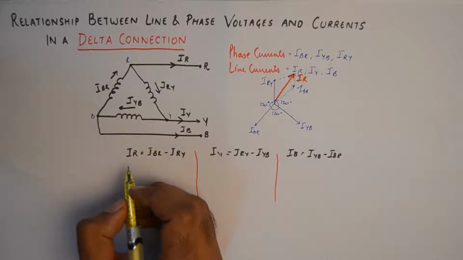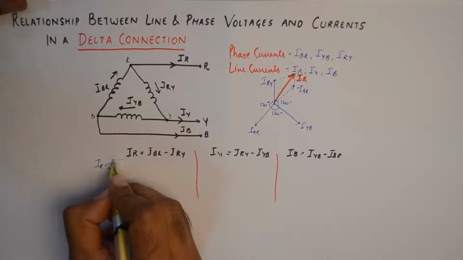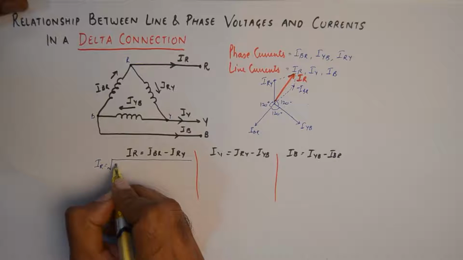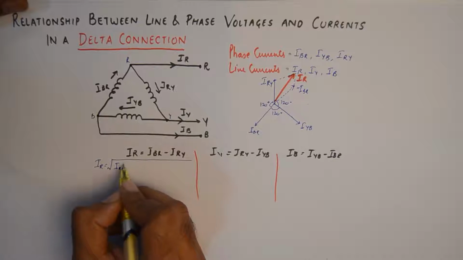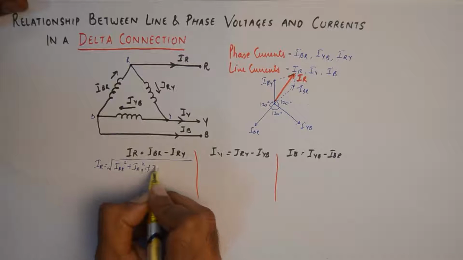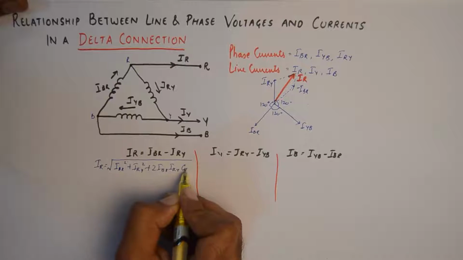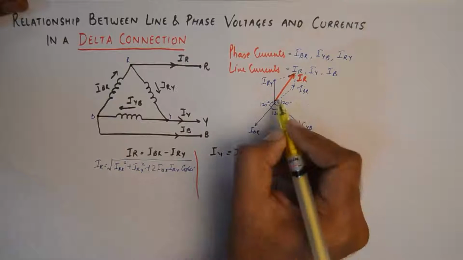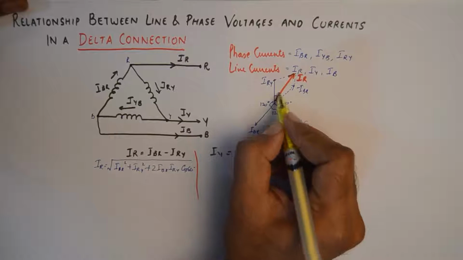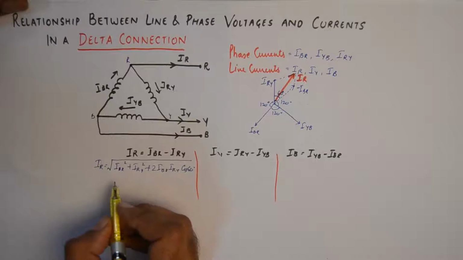So I can safely say that IR is equivalent to the square root of IBR square plus IRY square plus 2 IBR IRY cos of 60 degrees, because this angle is going to be 60 degrees.